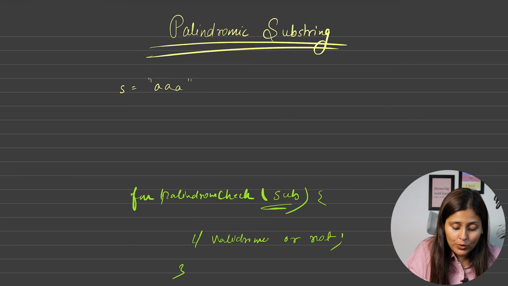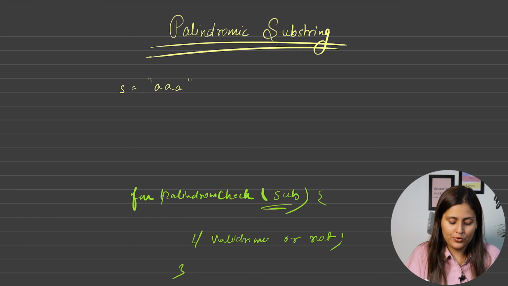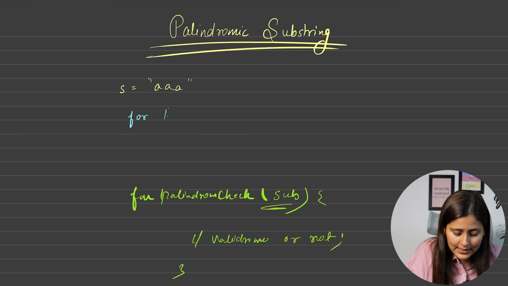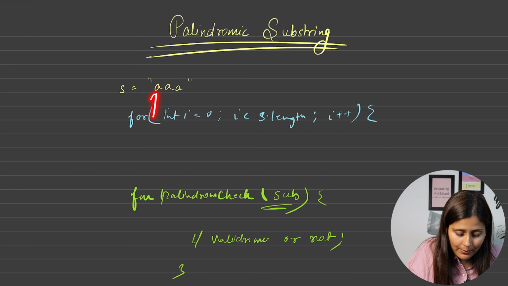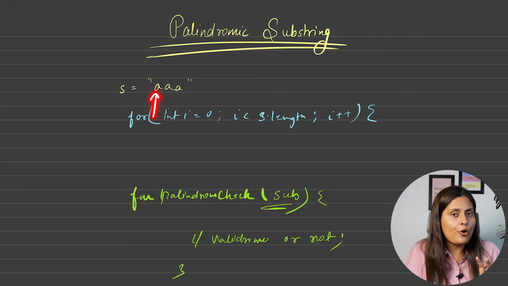So basically to hold all substrings, we were running two for loops. For int i is equal to 0, i less than s.length, and i plus plus, if you remember. So basically, if I am pointing my i here, I want every such substring which starts with i index.